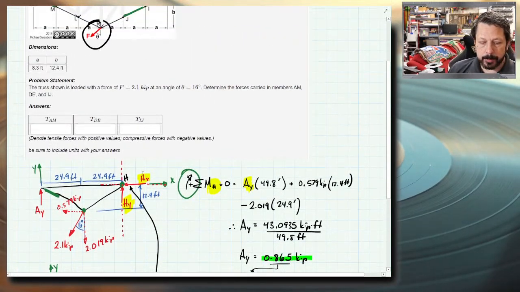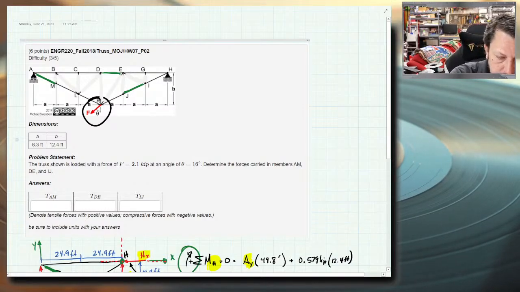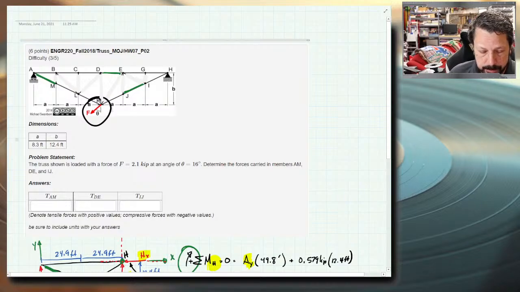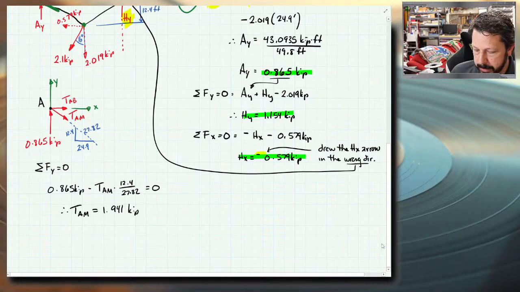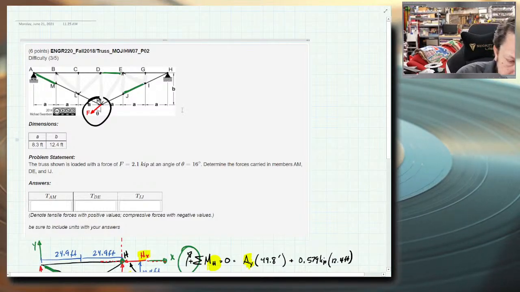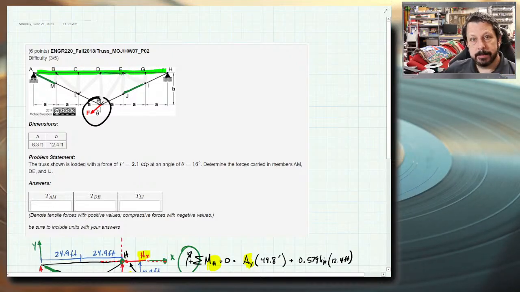So this web work problem actually wants us to do DE and IJ also. So in that case, what I would end up doing is I would do method of joints at H. I would just look and see that DE, you already know if you finish doing this one. Because AB across the top here, once you eliminate all of these internal pieces as being zero force members, then this entire row has the same force, same magnitude, and same sense.